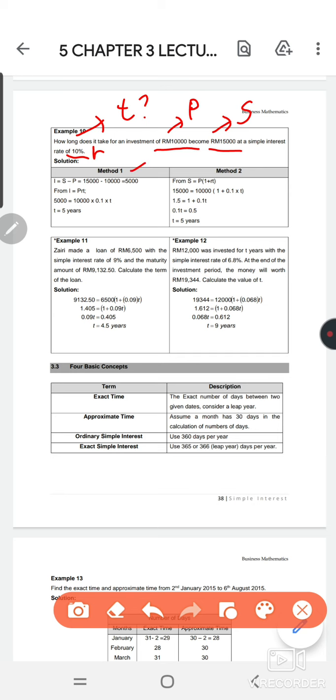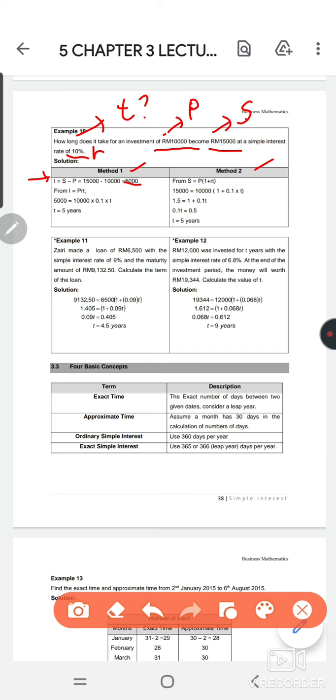You can use either method 1 or method 2. First, you can find I, interest, sebab kita dah ada nilai sekarang 15,000 dan nilai awal 10,000. So your interest means 5,000. Maknanya bila awak laburkan 10,000, selepas beberapa tahun dia akan jadi 15,000. So interest dia adalah 5,000.